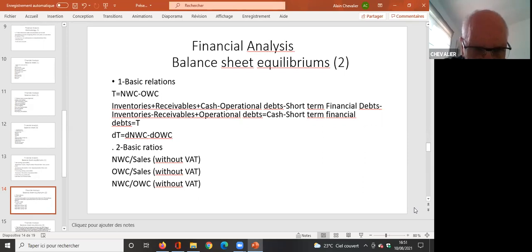And at the bottom of this part one on that slide, you find delta T equal delta net working capital minus delta operating working capital. What does it mean?